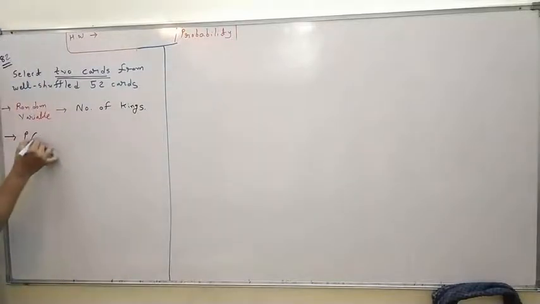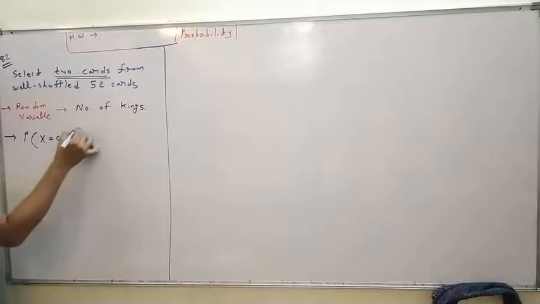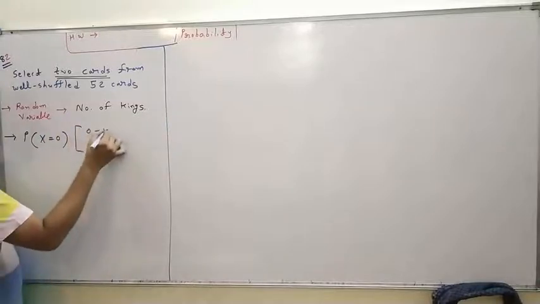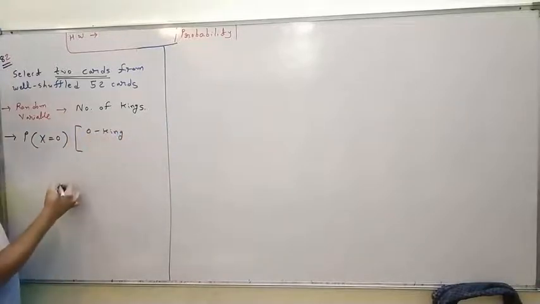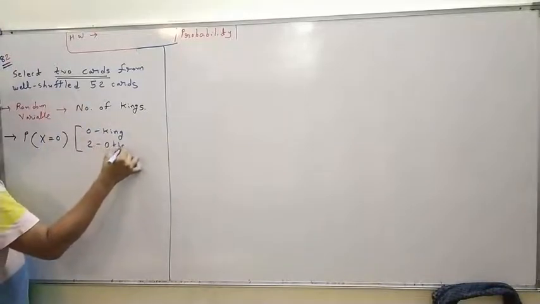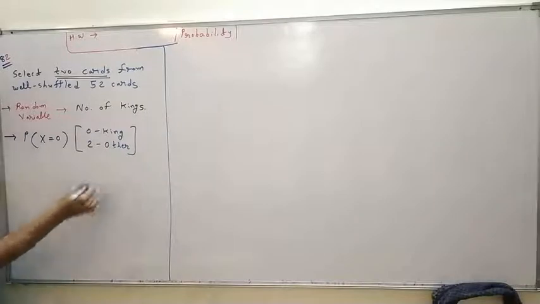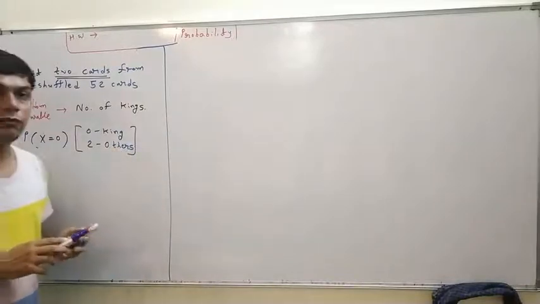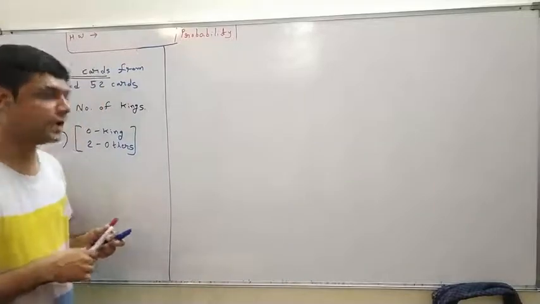For P of x equals 0, meaning no king, both the cards are other types of cards. In total 52 cards there are 4 kings, so the other cards are 48.